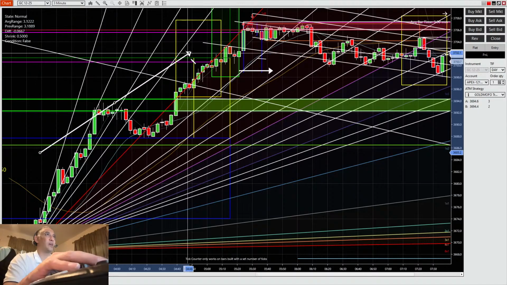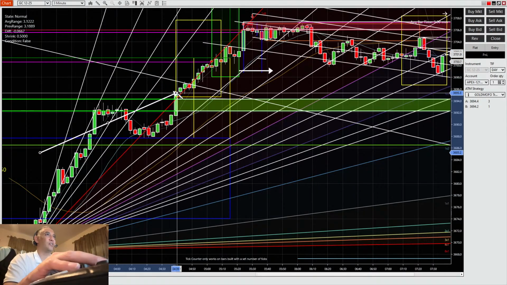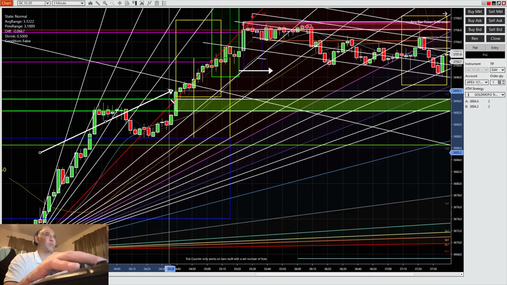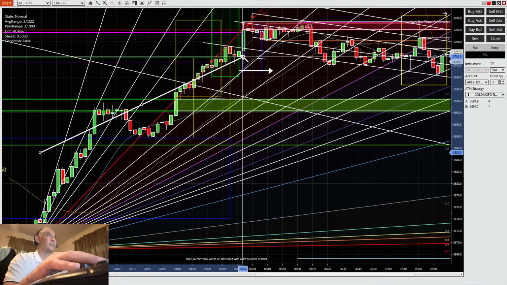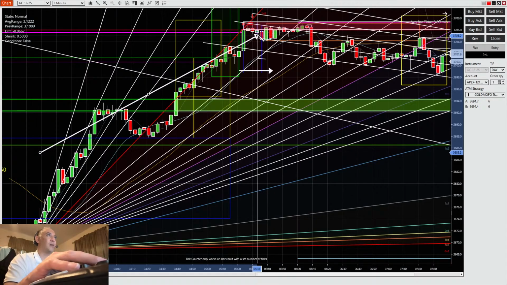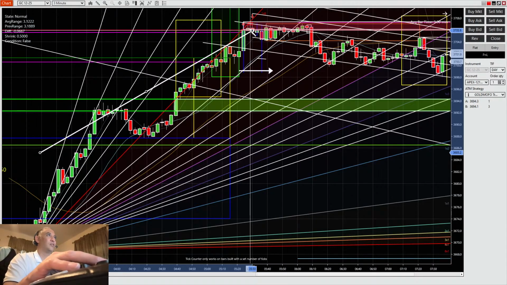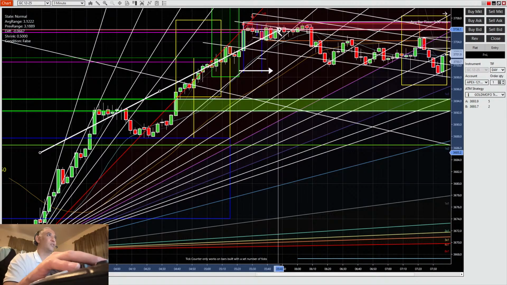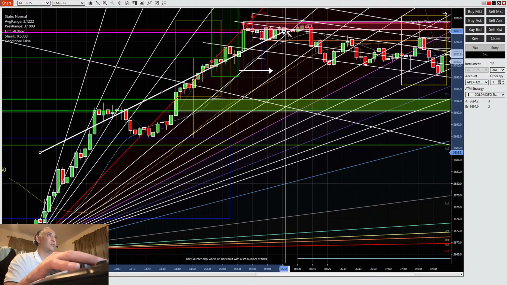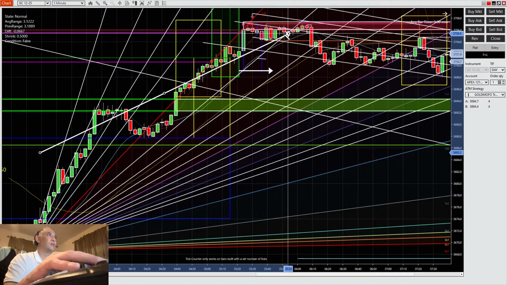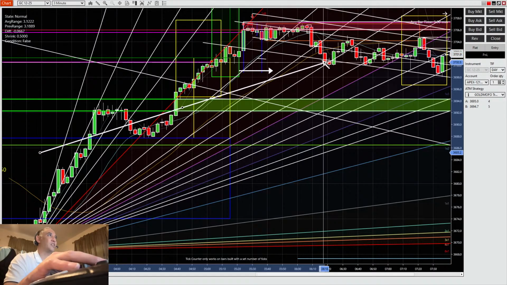It should be expanding, but whenever it goes to the right side of it, it should be contracting. So you can see it's expanding as it goes to the left side, and contracting as it goes to the right side. Now on the downtrend, it's the opposite. You're in a downtrend, it's contracting as you go to the left side, and then expanding as it goes to the right side.